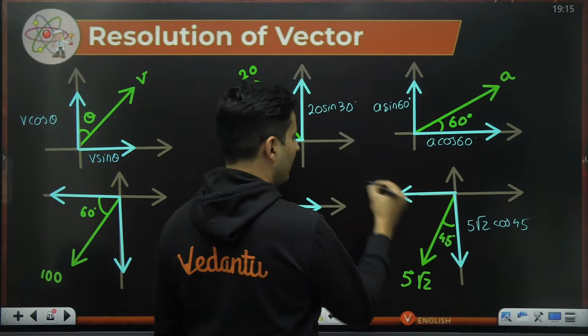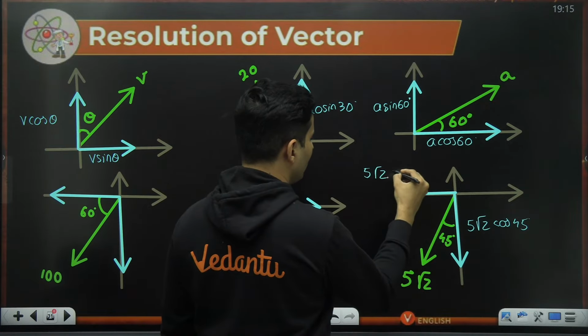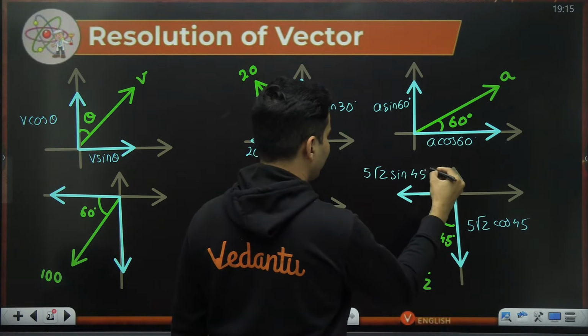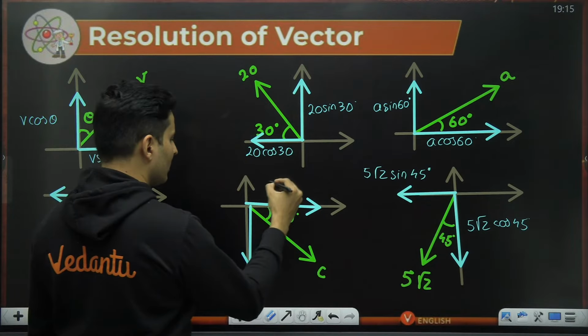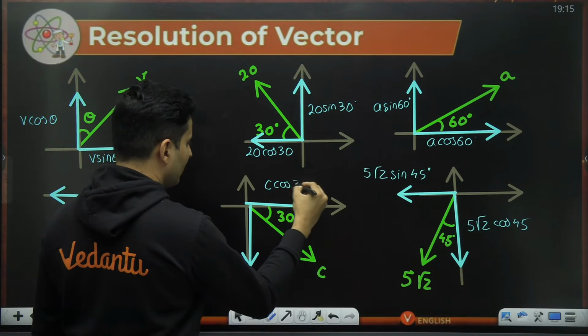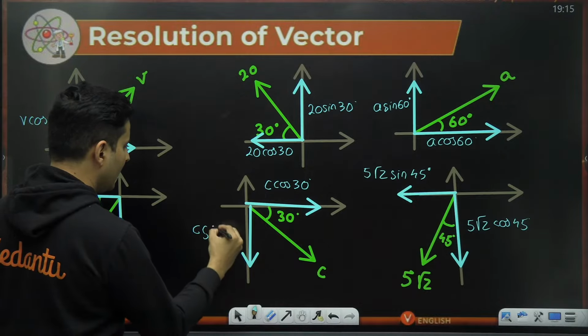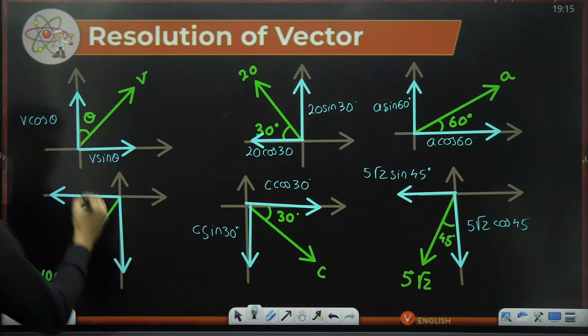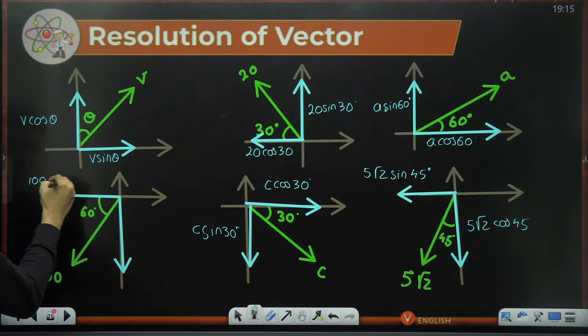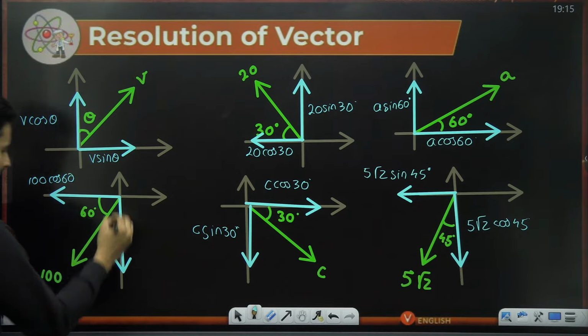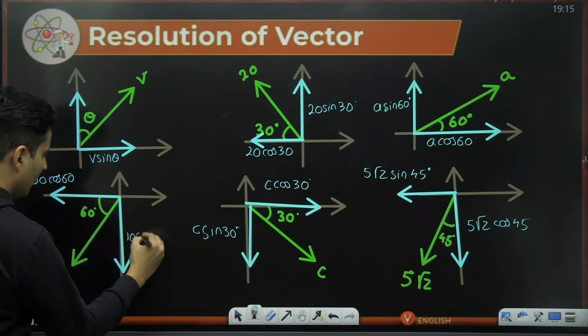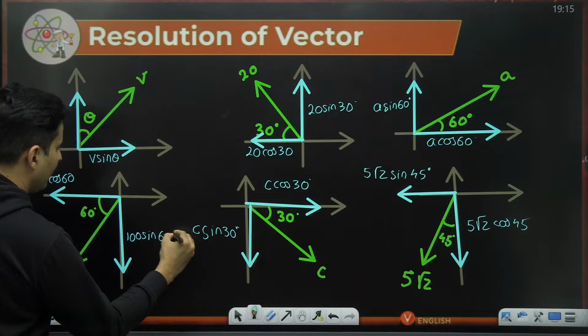And this is far away, so this will be 5 root 2 sine 45. This is closer, so this will be C cos 30, and this is far away from 30, so C sine of 30. This is closer, so 100 cos 60, and this is far away from 60, so 100 sine 60.